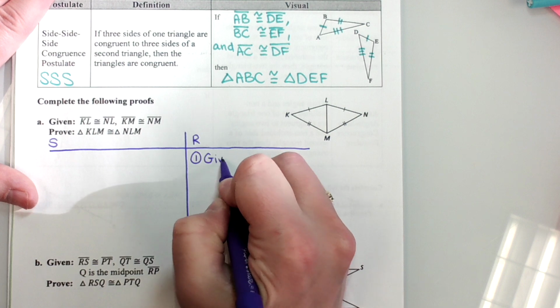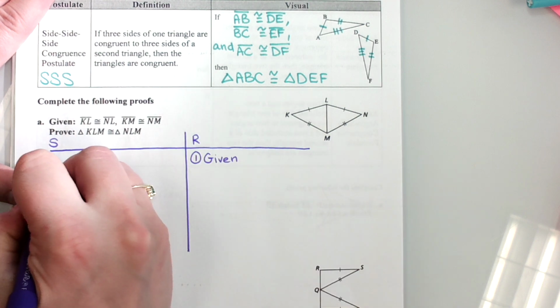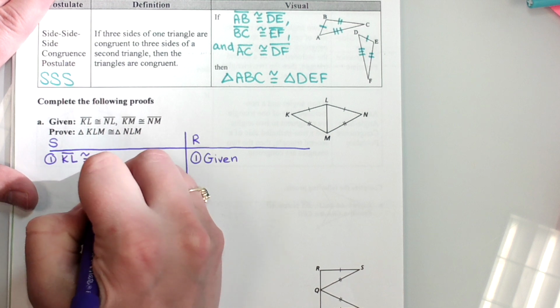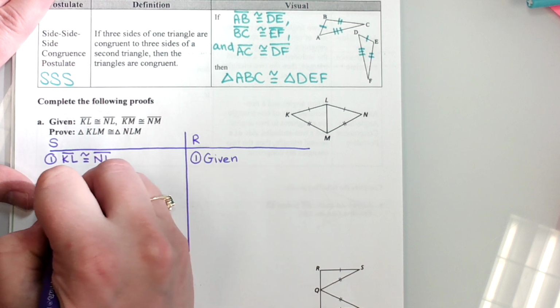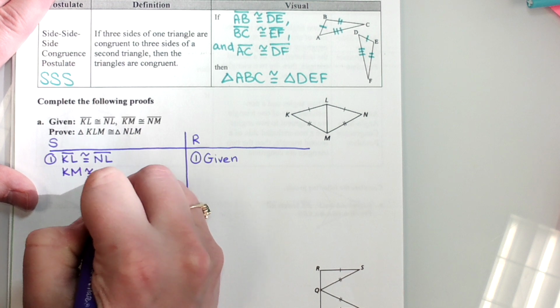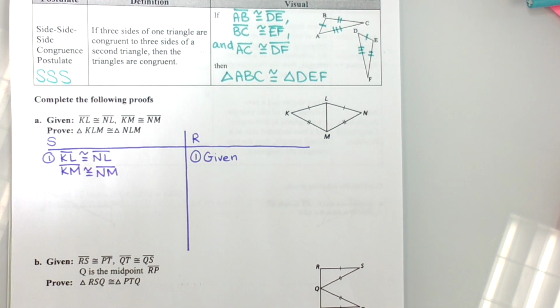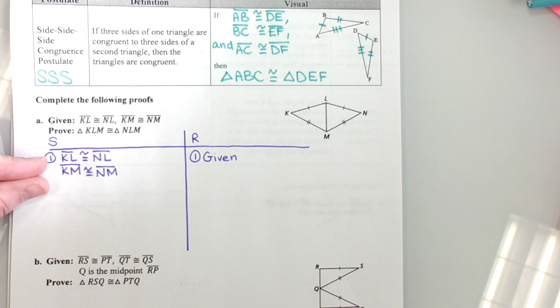Now, similar to previous proofs, we always start with our givens. Yesterday I also gave you one other piece of advice. When you have a congruent inside your statements, make sure that your picture has tick marks on it, or angle marks if it's angles.